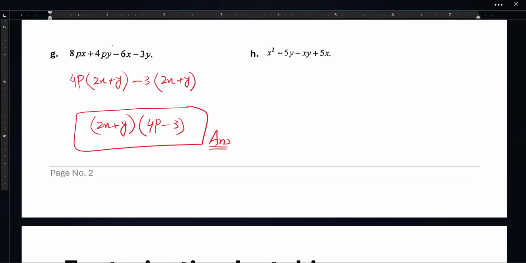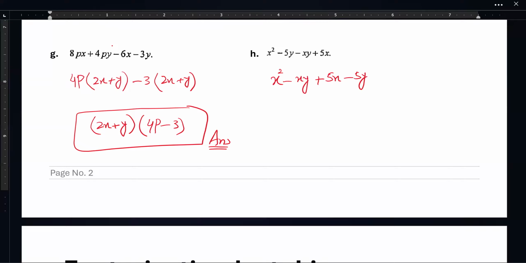Yes, this part. Oh, I see. If you look at the first two terms, nothing is common. Yes, very good. We have to rearrange the terms. So x squared minus xy, and we have 5x minus 5y.